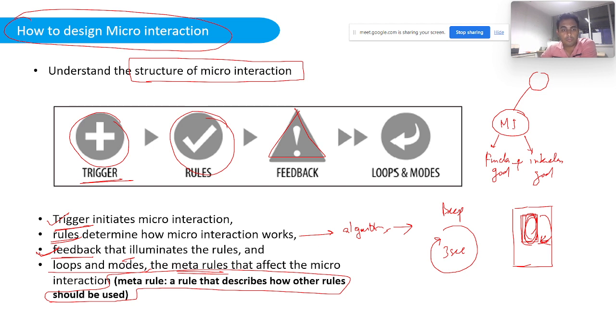Now modes are of different types, but most commonly modes are used when you have different modularity within your system, whether it is a software system or hardware. When you want to have different modes, mode 1 and mode 2, and you do not want interaction between them, then we use the concept of mode.